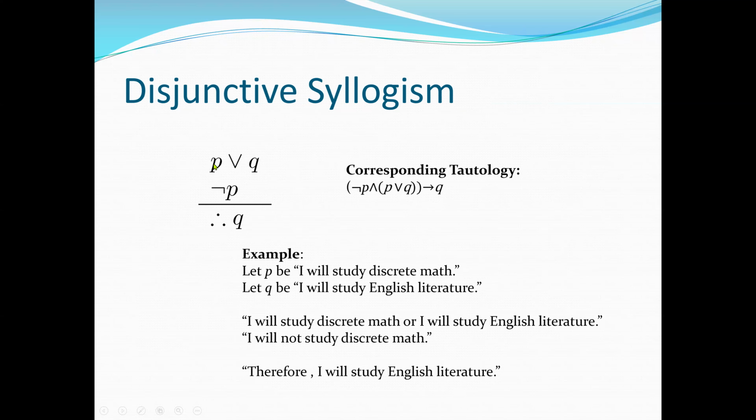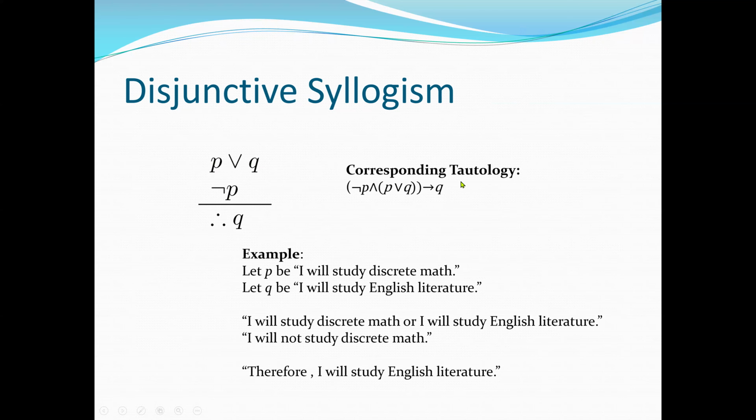So if P is false, Q must be true in order for this condition to hold as true. So that's why we say P or Q. It's not P, therefore it must be Q. If it's not Q, then P or Q will be false, because false or false is false. So if you get false, at least the next one should be true.